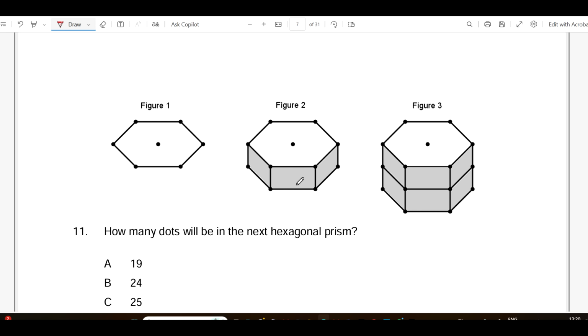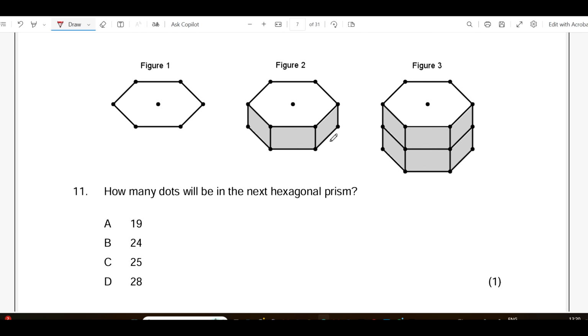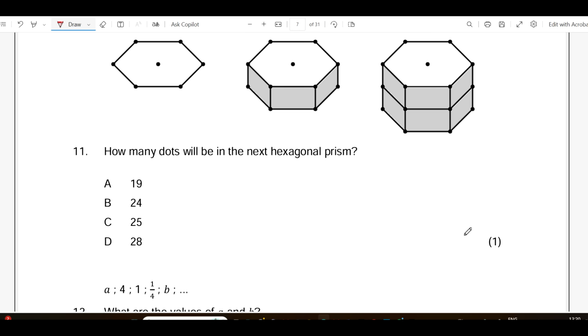So let's proceed. This is number patterns. How many dots will be in the next hexagonal prism? How many dots? So let me write down the number of dots.